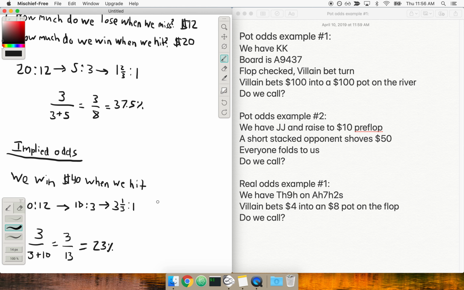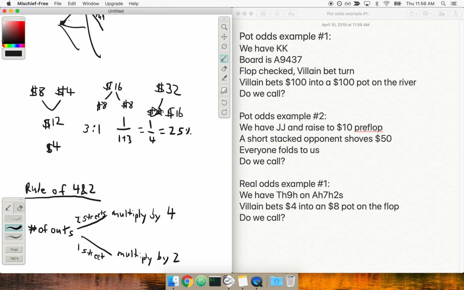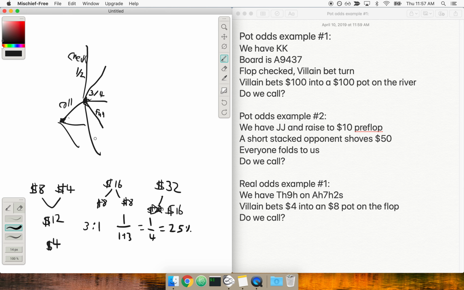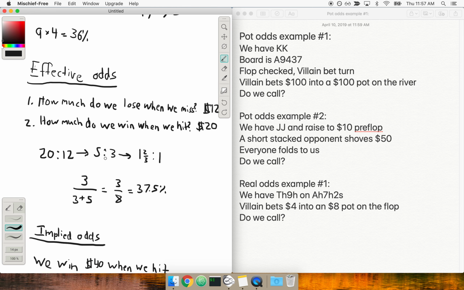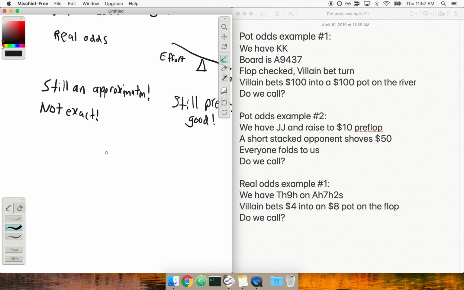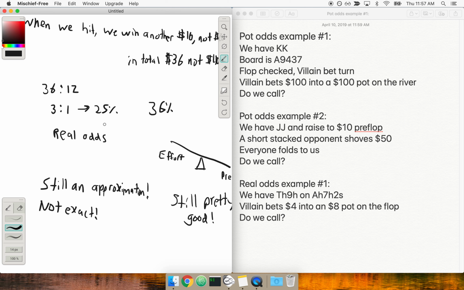If you really did a full expected value tree, you might figure out that instead of 25%, maybe it's 23.7%. Was that little change in a percentage worth the effort?